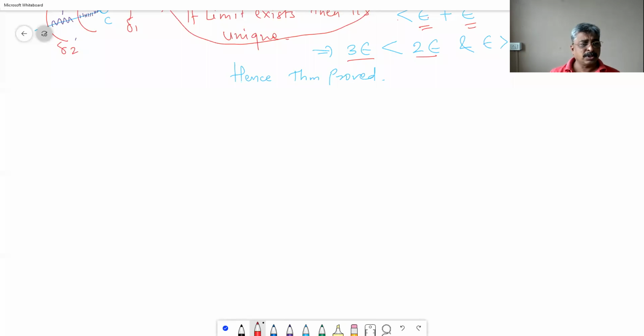Okay, so now suppose I give you this question. f is defined from R to R, f of x is equal to 3x plus 5.